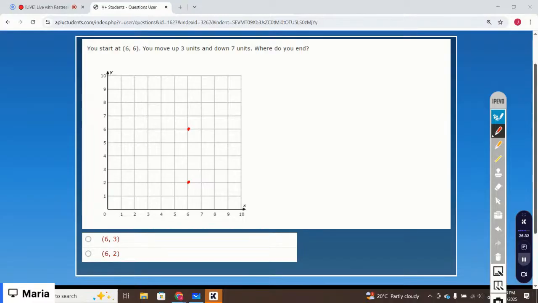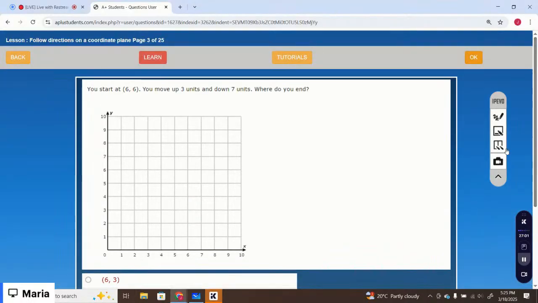That is 6, 2. Option number 2 is the correct option.